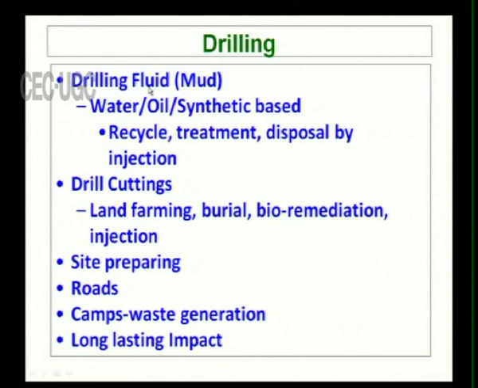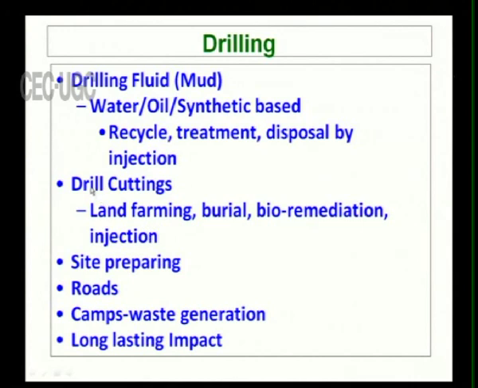In drilling, drilling fluids are used: water based, oil based, synthetic based. Mud is also produced during the drilling, and the drill cutting, the land farming, the burial and the bioremediation, injection.